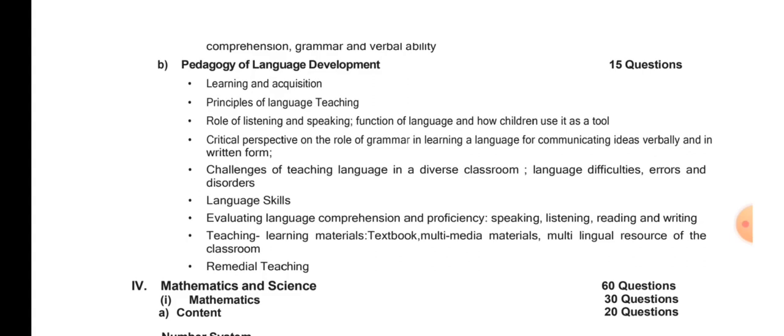So he wants to buy a bottle of juice. He will try to talk. He will try to show some gestures. He will try to explain because he has something inside his mind which he wants to convey to the other person.